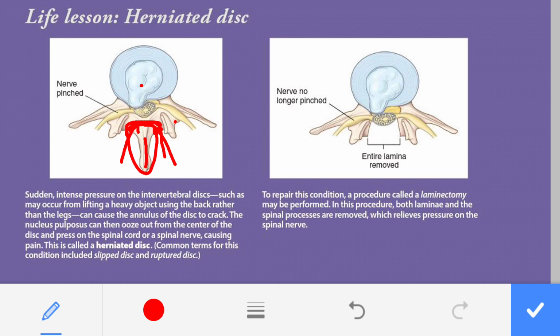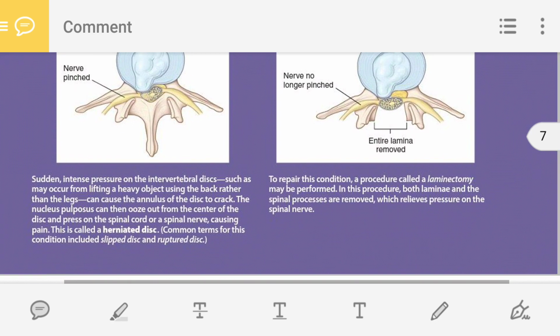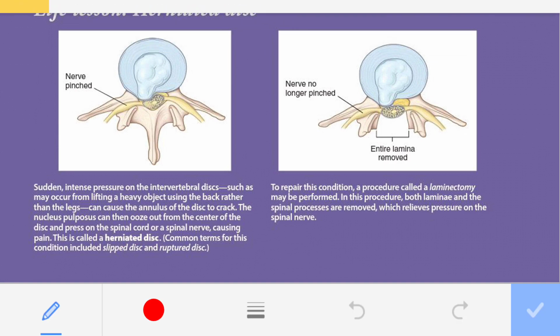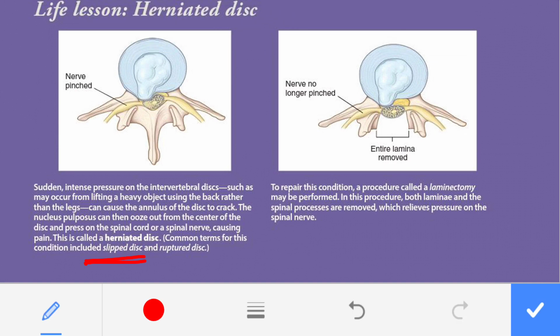Okay, so there will be relief from the pain. And as you can see over here, one plate is inserted in place of the lamina and the spinous process. This entire phenomenon is known as the herniated disc, or sometimes this condition is known as the slip disc. So this is the slip disc or the ruptured disc.